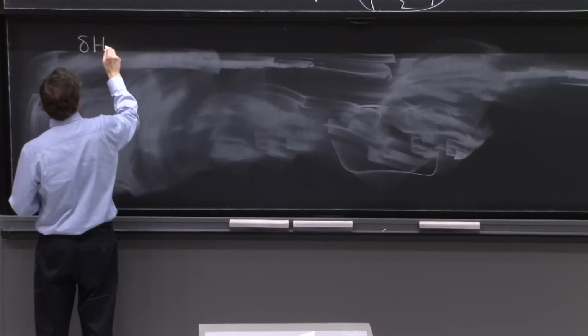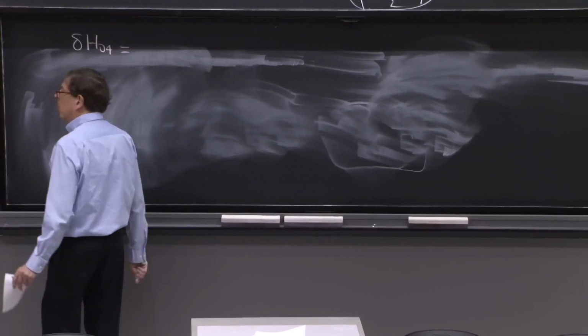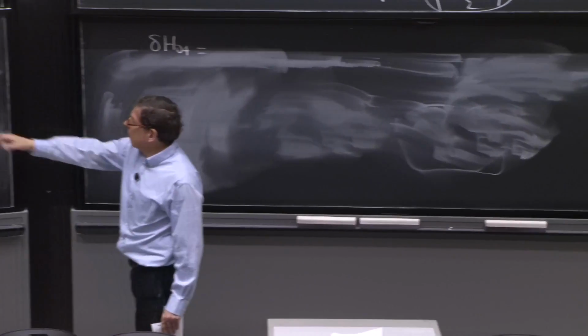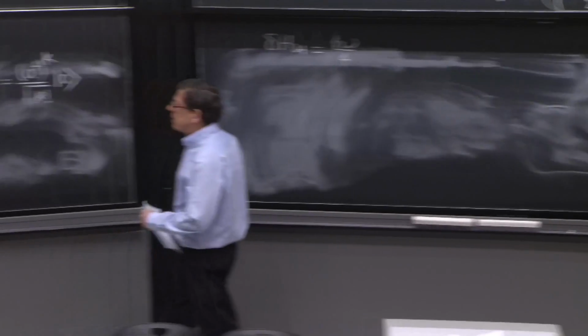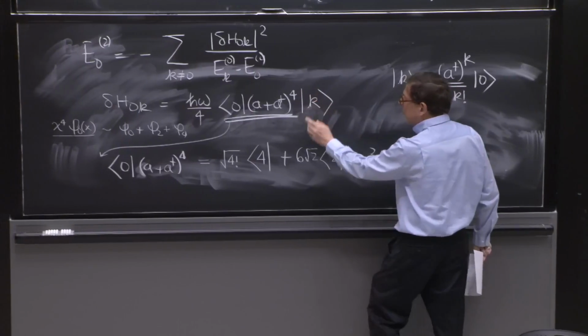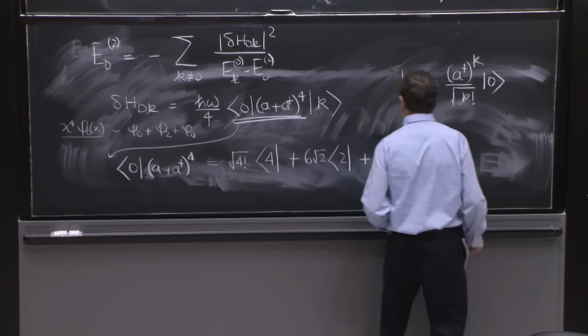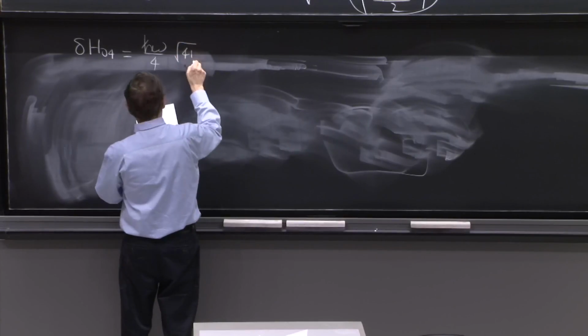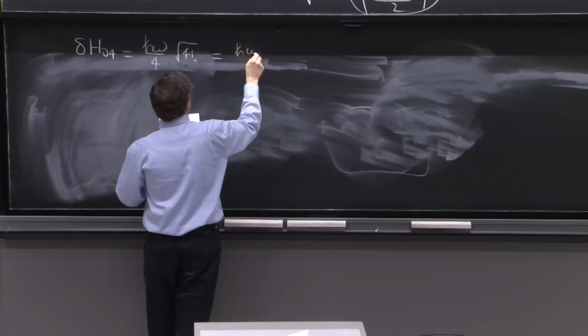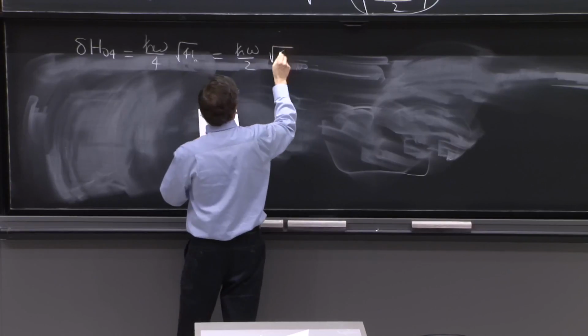Delta H04 would be, from this formula, h omega over 4 times this inner product when k is equal to 4. So you get here square root of 4 factorial, which is h omega over 2 times square root of 6.